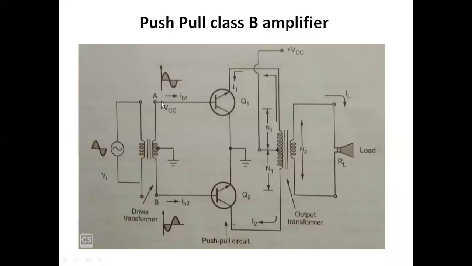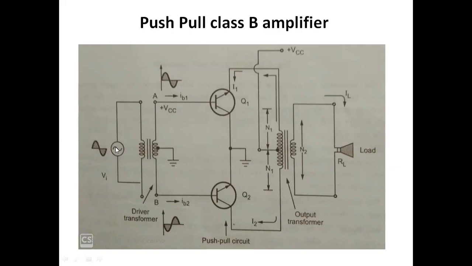With respect to the center tap, for a positive half cycle of the input signal, this is point A, this is point B. Point A on the secondary of the driver transformer will be positive. You are applying the input sine wave at the driver transformer. Because of the center tap configuration, the signal at point A will be positive, while at the same time the signal at point B will be negative.